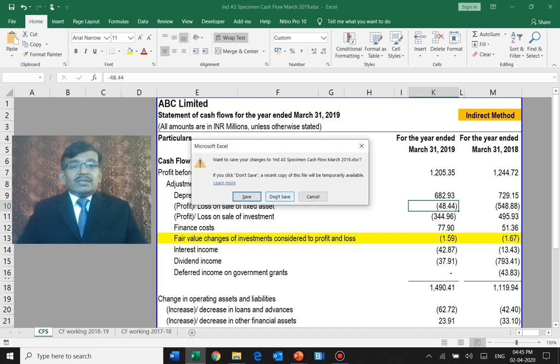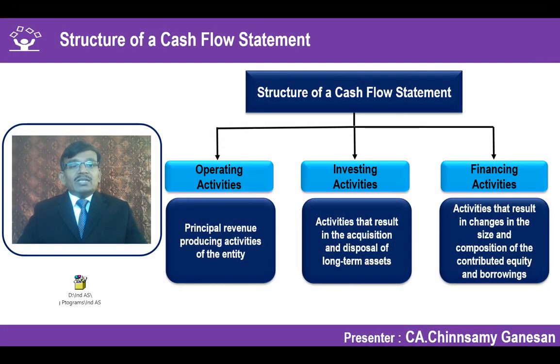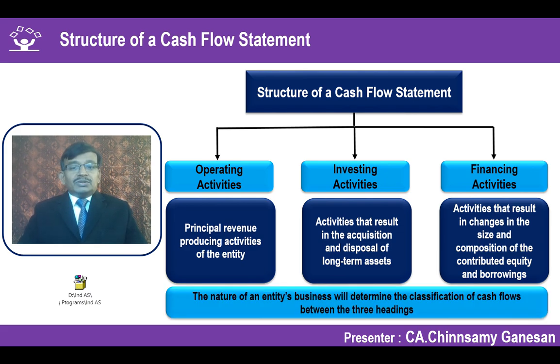Having seen the structure of the cash flow statement, let us move on to see certain aspects. The main question is that operating activities are the principal revenue producing activities of the entity.